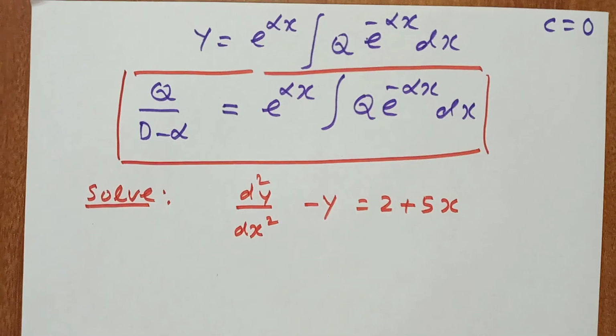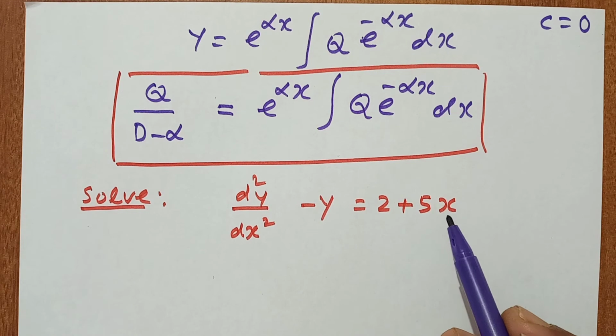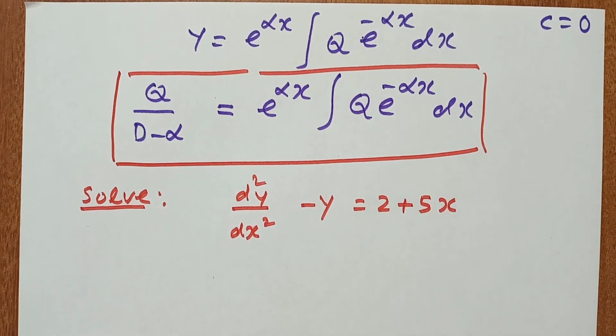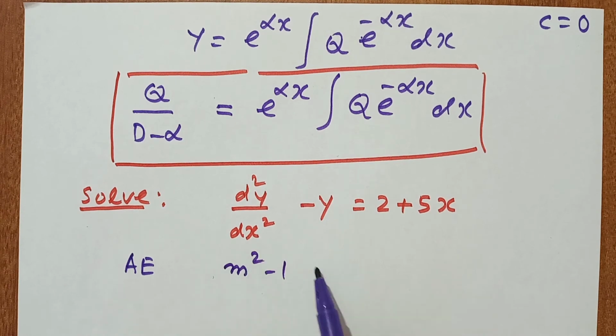Now an example: the equation d2y upon dx2 minus y is equal to 5 plus 2x. It means here the right hand side Q is not equal to 0. So how will we solve it? First we calculate the auxiliary equation by putting the right hand side equal to 0, so this is m square minus 1 is equal to 0.